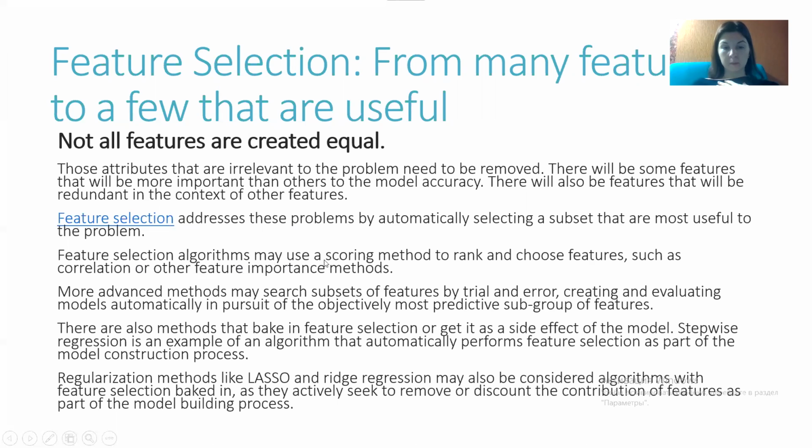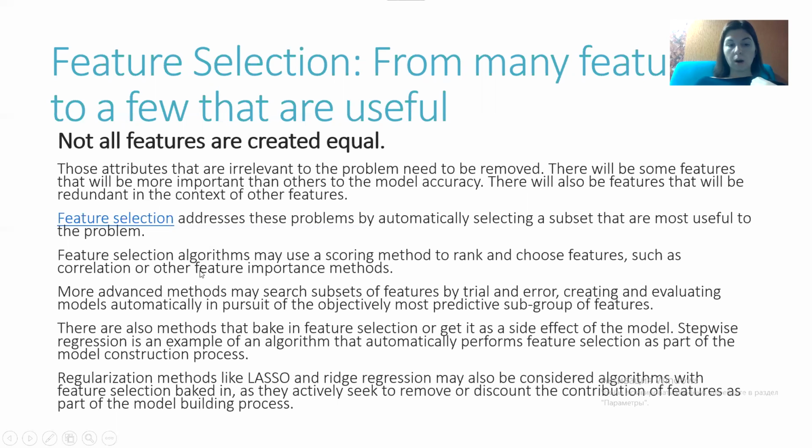Feature selection algorithms may use scoring methods to rank and choose features, such as correlation. Correlation is the most popular method, when we calculate correlation between the feature and the predictive value, for example, the class label or something else, so your target value.